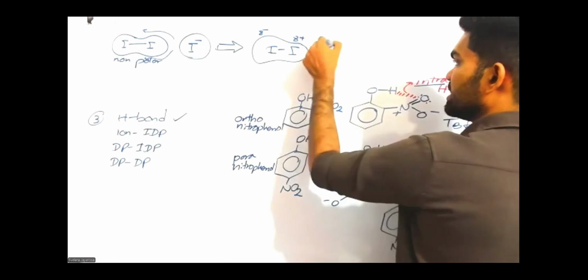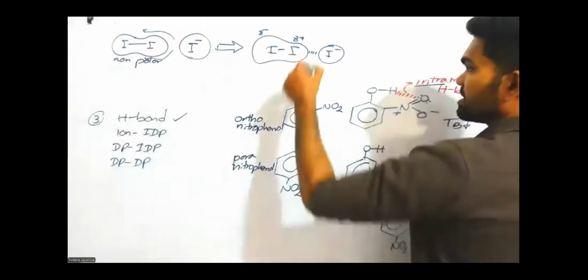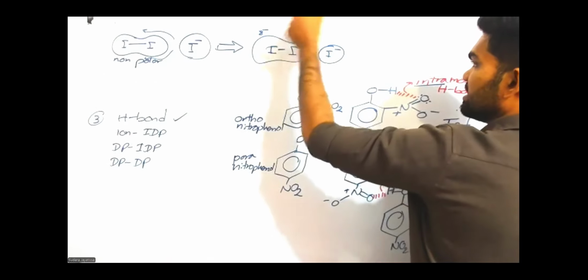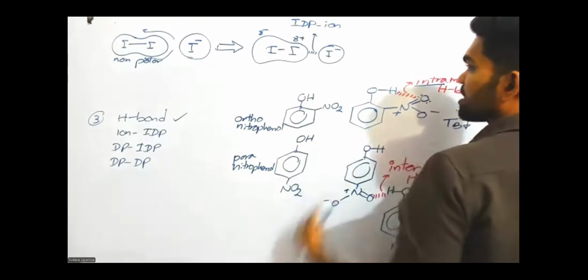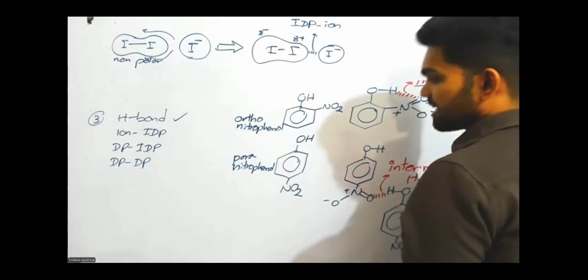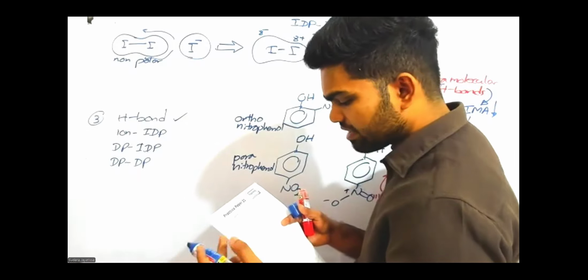So now it can make interactions with I minus. This is what we call ion-induced dipole. So the first answer is correctly showing that one, no? So your answer can be either 1 or 4.